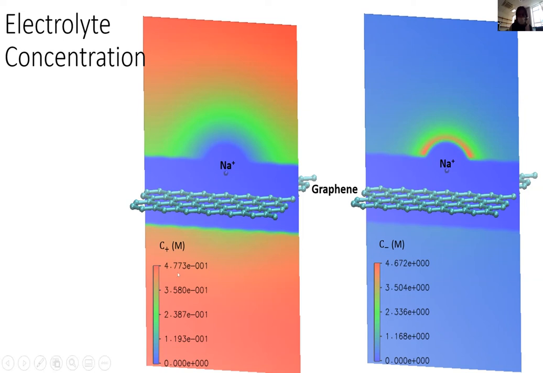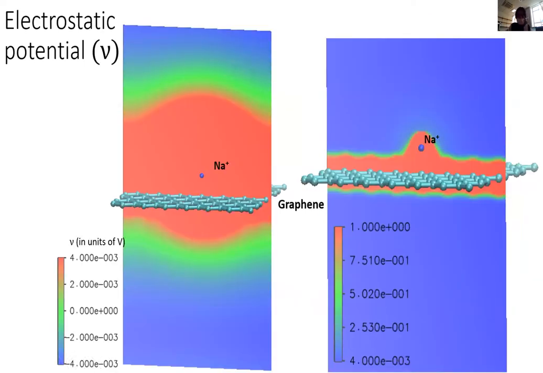And here I have plotted the electrostatic potential in the system, and you can see the polarization created by the presence of this positively charged sodium. And so this is a brief demo, and we will be happy to take any questions if you have.